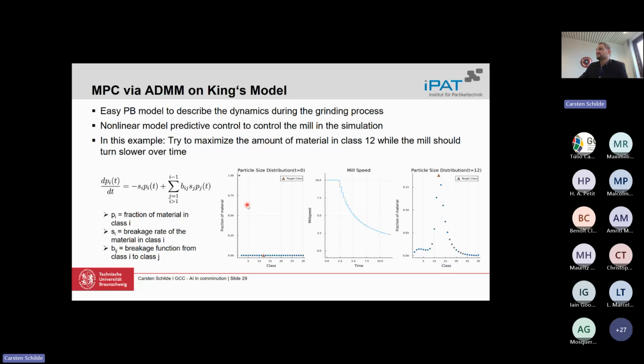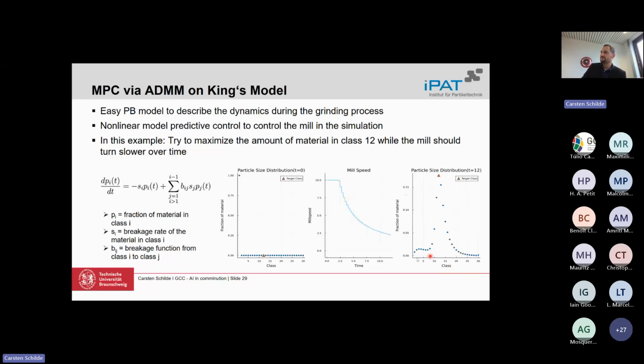And here is just a simple example where we adapt during the process the mill speed, having a kind of target particle size distribution with minimum energy input. And what the mill is doing at the moment is continuously reducing the tip speed during the time in order to achieve a certain size class.